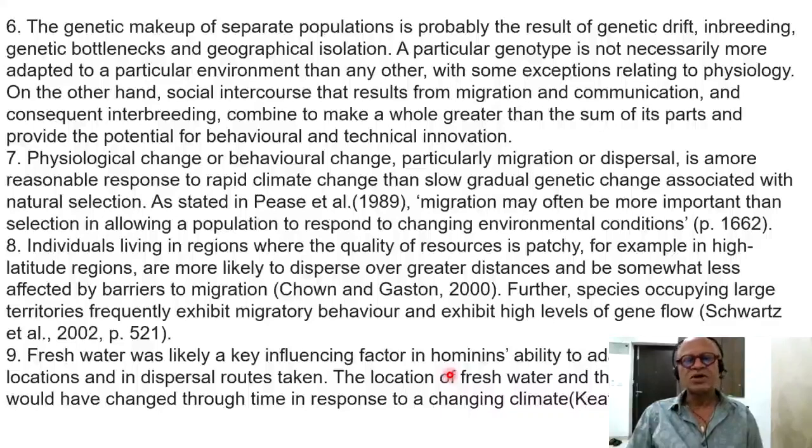So let's say from 3 million to the more recent times, to the end of last glaciation, let's say 10,000 years ago. Of course, more of the colonizing of Micronesia, Polynesia happened even during the Holocene, but nonetheless rainfall variations over those times obviously would have affected particular locations and ability to adapt to particular locations and in the dispersal routes taken.